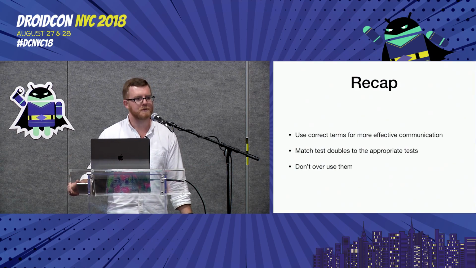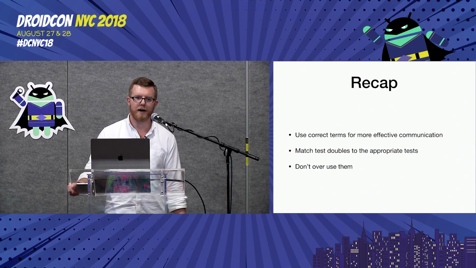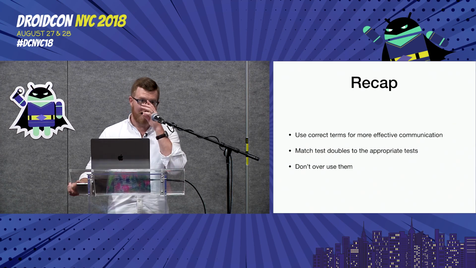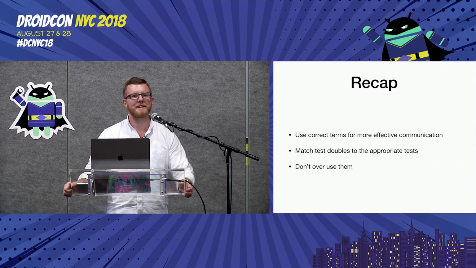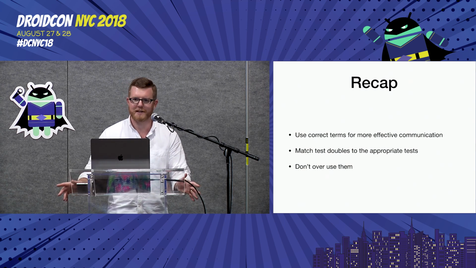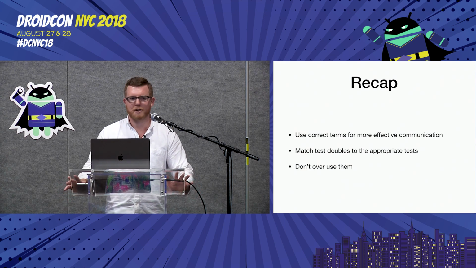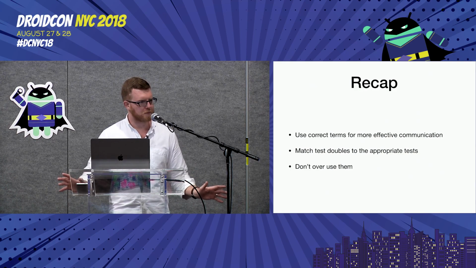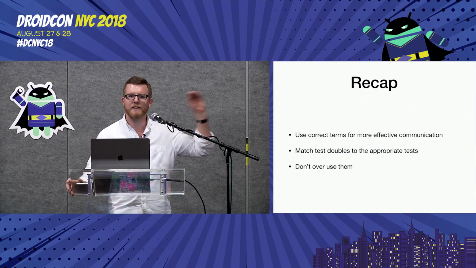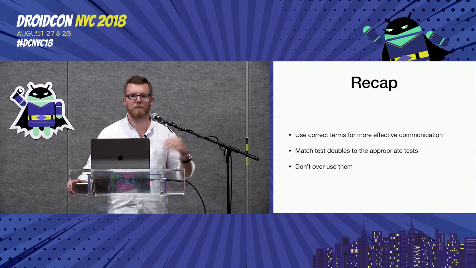And maybe the most important part here is do not overuse your test doubles. I've been bitten by this more than I would like to admit, but it's very easy when you're starting to build out a project, particularly when you're doing test-driven development, and just start using mocks and stubs and spies everywhere, and then you realize your tests are way overspecified. You're testing like the exact order that all of your functions and what have you are happening.